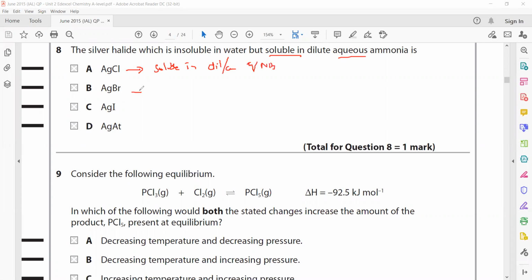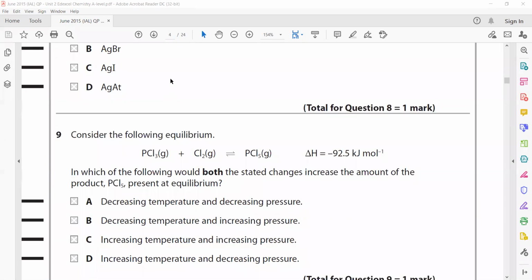This one is insoluble in dilute but soluble in concentrated aqueous ammonia. This one is insoluble. This one is also insoluble, in both dilute and concentrated. So A is the right answer because they are asking which one is soluble in dilute aqueous ammonia. So silver chloride is soluble in dilute aqueous ammonia.